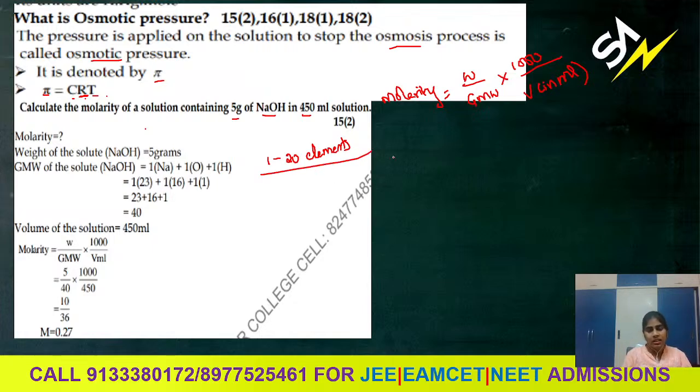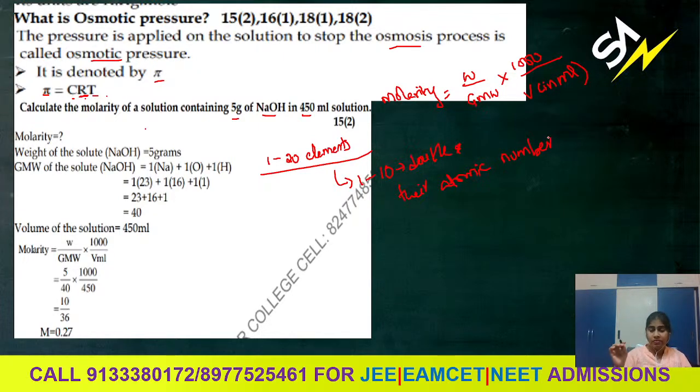It means most of the compounds, that is 1 to 10 elements, will have double of their atomic numbers. You can remember it in this way.